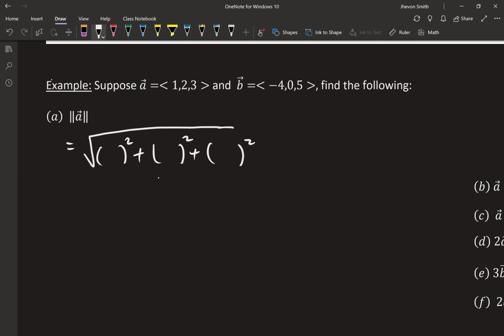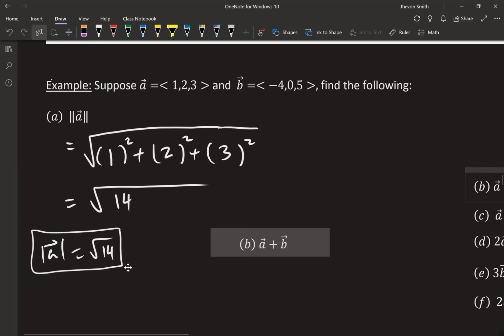You put the first component here, put the second component here, put the third component here, and that's essentially it, actually. So that's going to be 9 plus 4 plus 1. So that's 9 plus 5, that's 14. So that's the magnitude of this vector. Magnitude of A is radical 14.